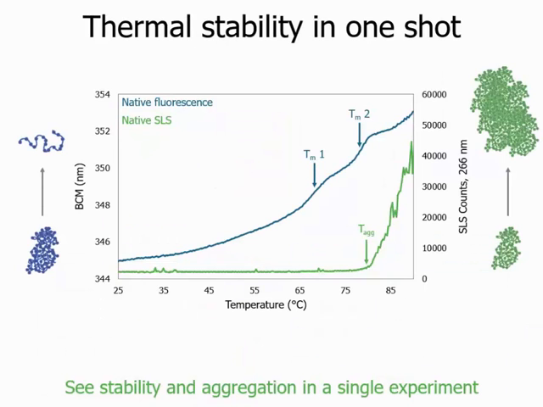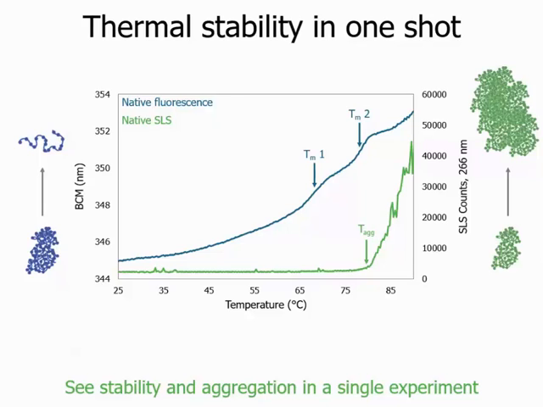One of the most powerful tools of UNCLE is its ability to monitor a protein's intrinsic fluorescence simultaneously with gathering SLS data to get the complete story of protein thermal stability and aggregation in just a single experiment. Here we're looking at the results of a thermal ramp experiment where protein fluorescence is being tracked in blue and SLS is in green. Fluorescence shows your proteins unfolding and quantifies that with melting temperatures shown at TM1 and TM2.